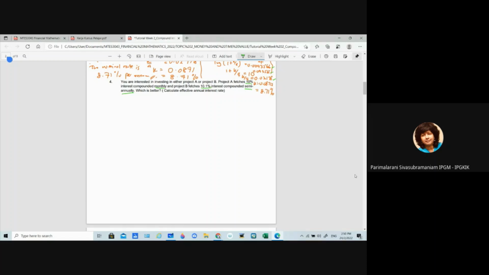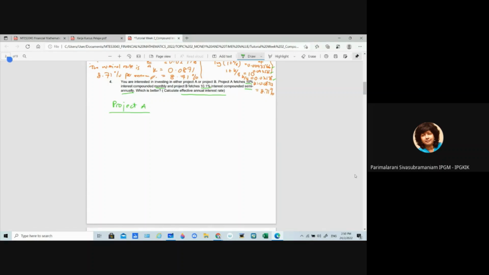Therefore, we must change all these interest rates into effective annual interest rates. Effective rates are based annually, so we can compare them. Let's do project by project.